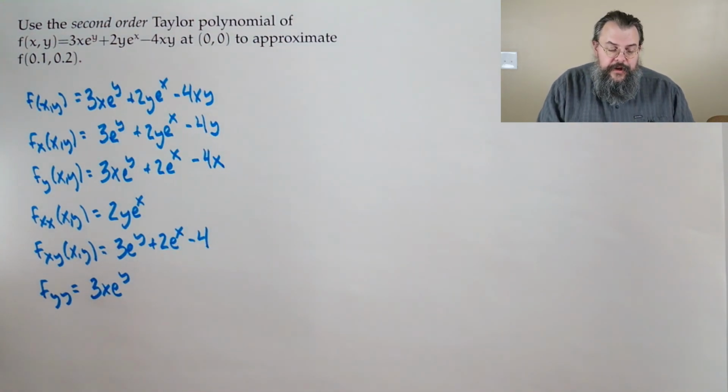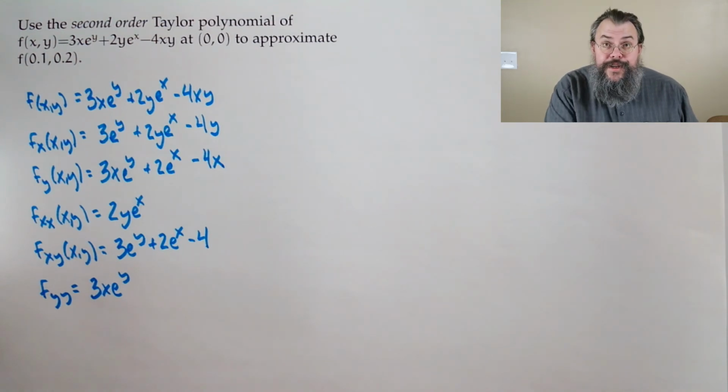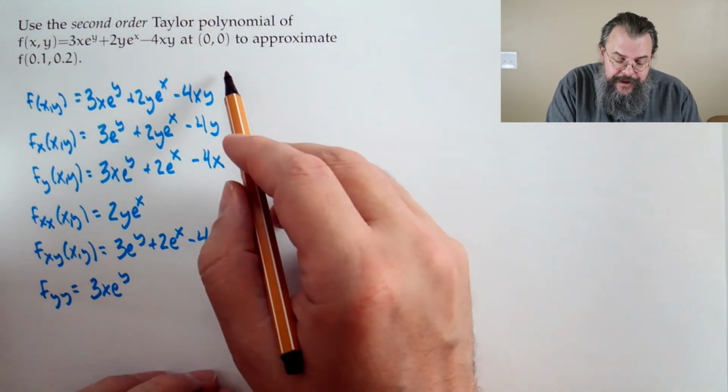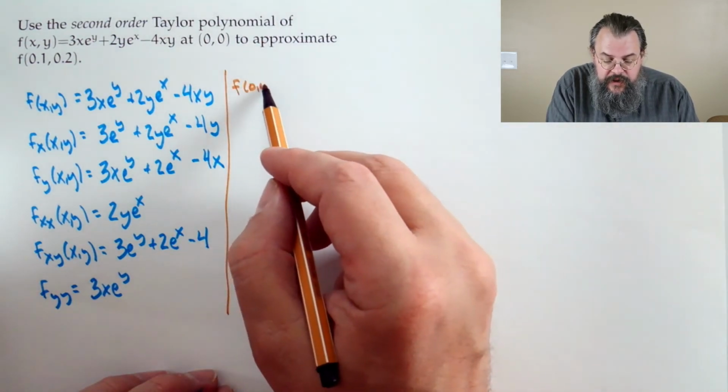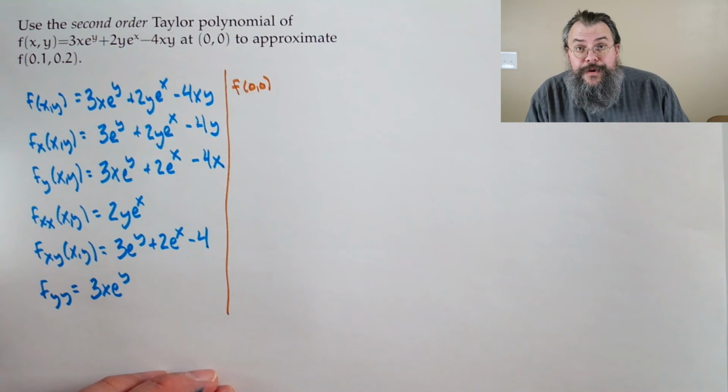All right, good. So, next, evaluation. We've taken all our derivatives. Now we collect the data. What's happening at (0, 0)? Oh, (0, 0) is a wonderful thing.